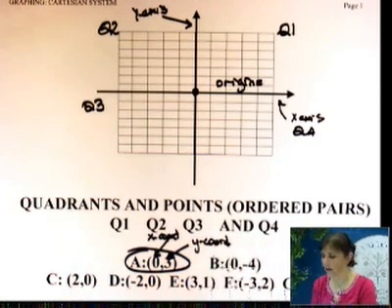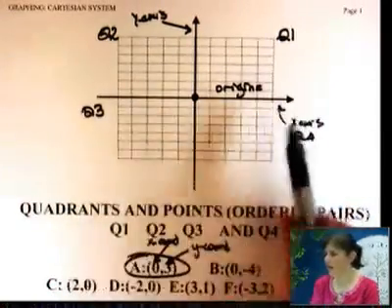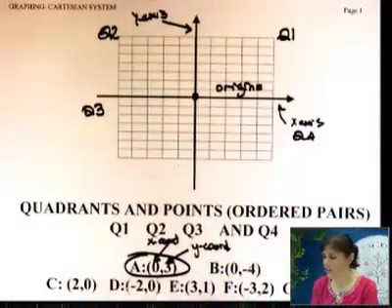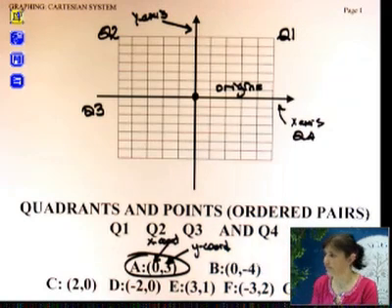The x-coordinate tells you whether you're going right or left. The y-coordinate tells you whether you're going up or down. If it is positive for the x-coordinate, it's to the right, negative to the left. For the y-coordinate, up is positive and down is negative.